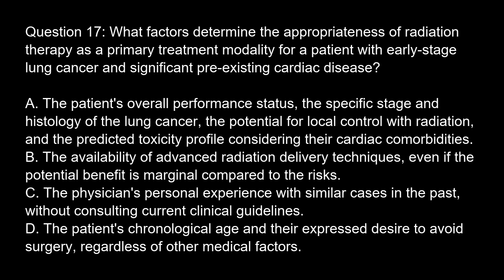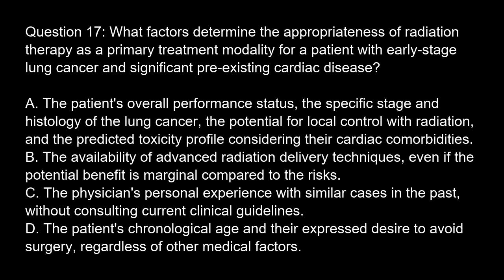Question 17. What factors determine the appropriateness of radiation therapy as a primary treatment modality for a patient with early-stage lung cancer and significant pre-existing cardiac disease? Option A. The patient's overall performance status, the specific stage and histology of the lung cancer, the potential for local control with radiation, and the predicted toxicity profile considering their cardiac comorbidities.